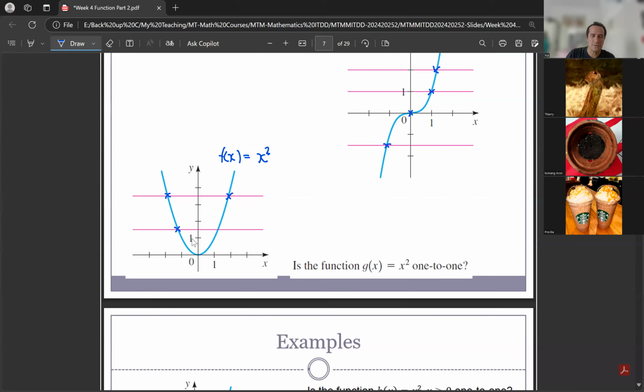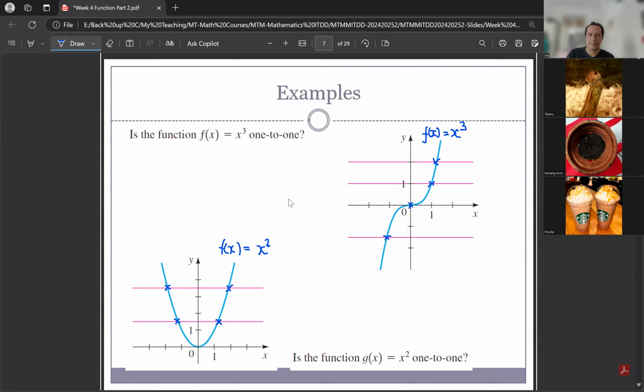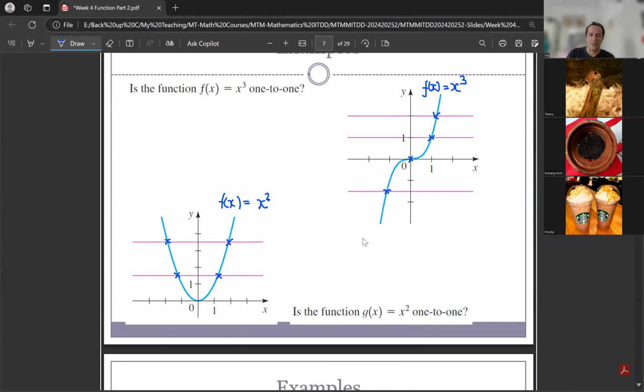This is also, and this is also. So this is an example of a function that is not one-to-one, and the other is a one-to-one function. So you can answer this question by saying f of x is a one-to-one function.